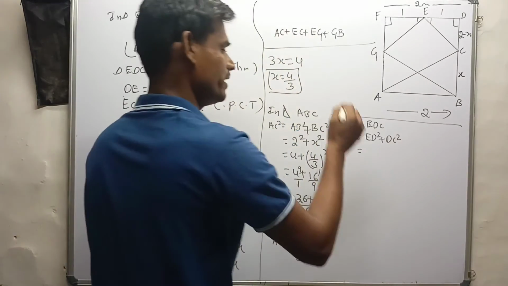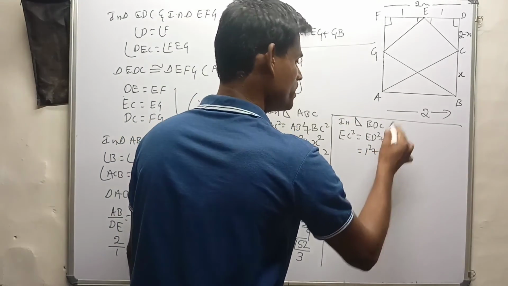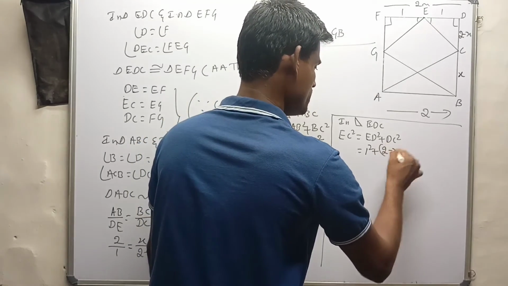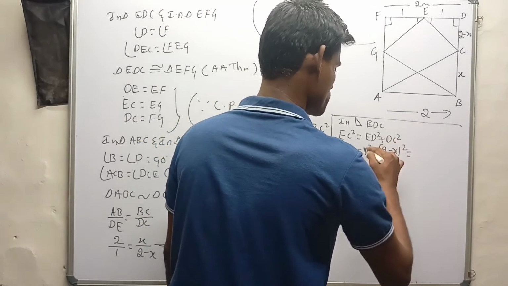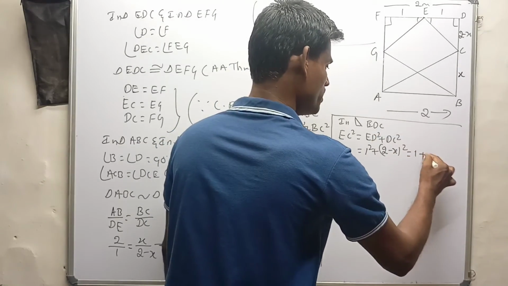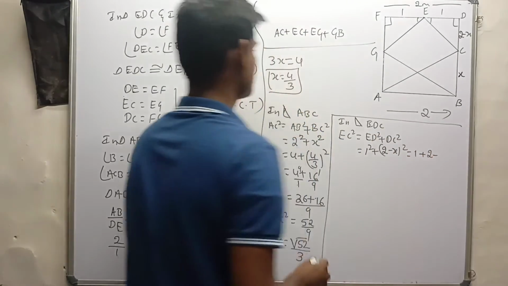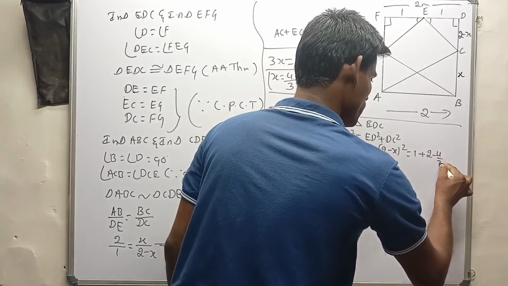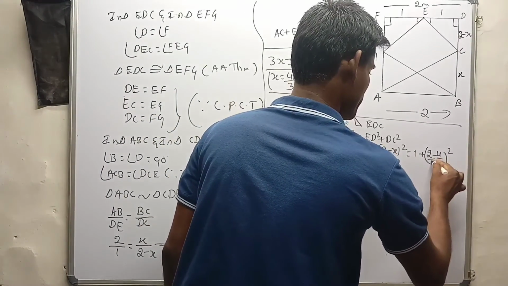The length of ED is 1, so 1 square plus the length of DC is 2 minus X whole square, which is equal to 1 square, which is 1, plus 2 minus the value of X, which is 4 by 3, whole square. Let's simplify this one.